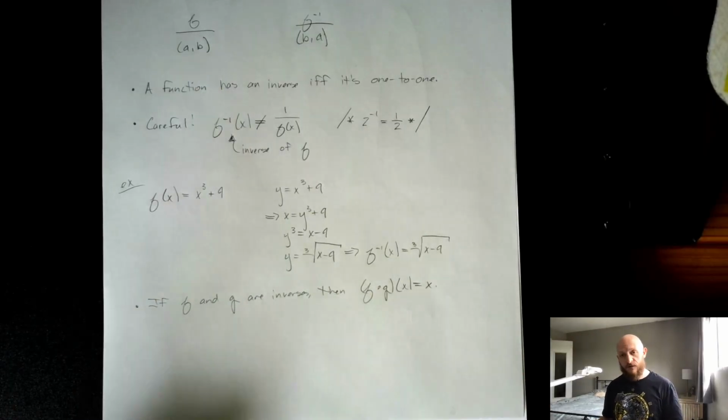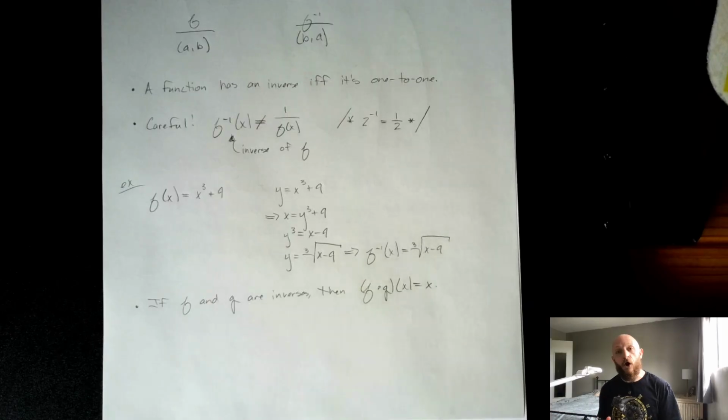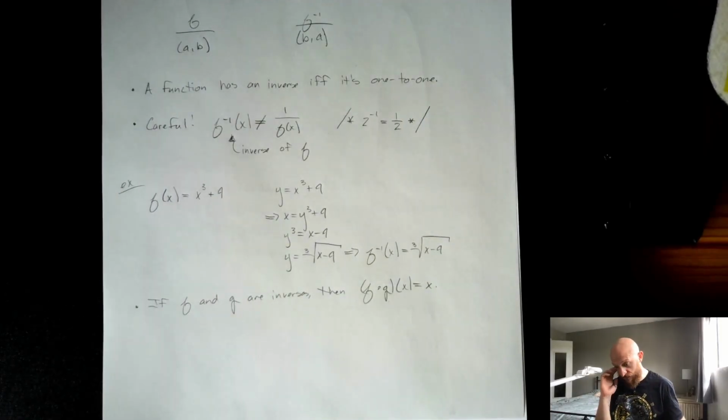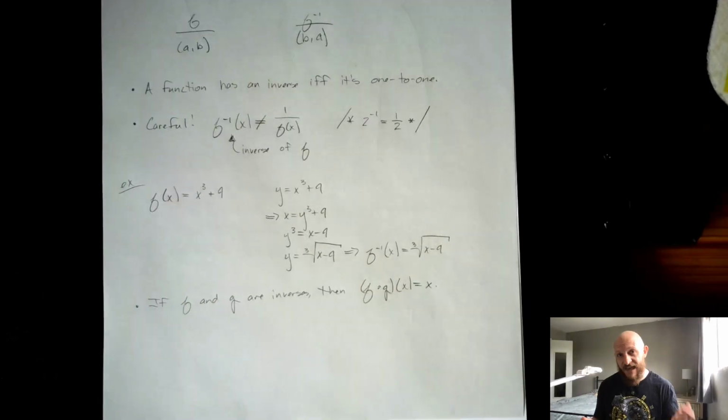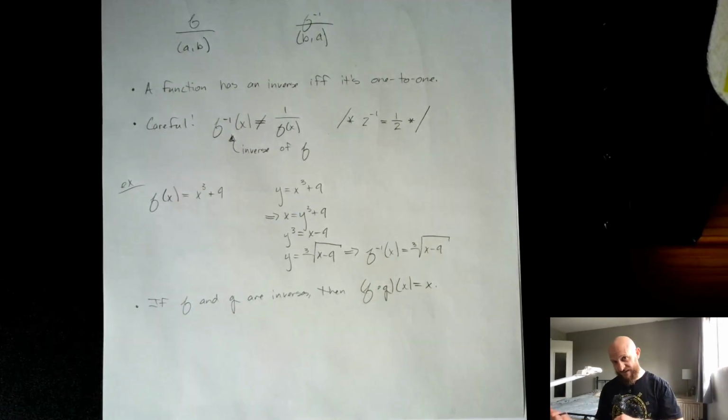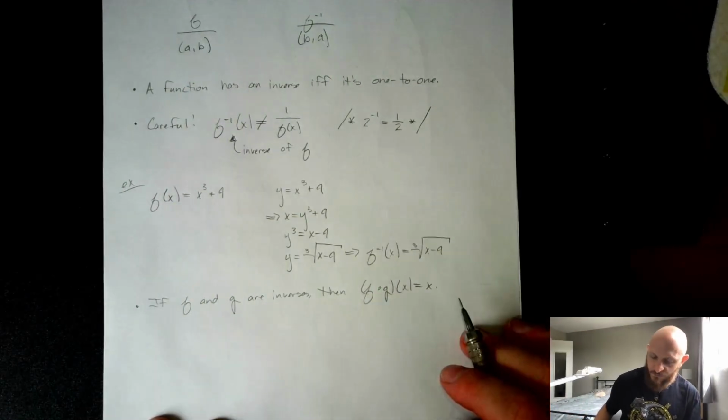And it's the same thing too: g of f of x also equals x. Technically, we should check that both f of g of x and g of f of x equal x. But again, in college algebra, you might get a teacher who throws some curveball at you, but it's likely that if f of g of x equals x, g of f of x will also equal x.